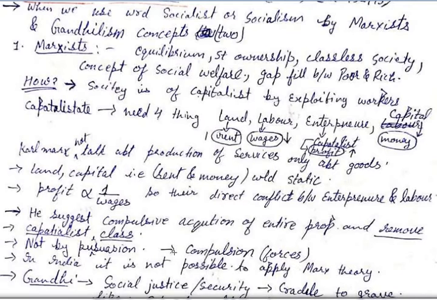It is force by making laws, by which the state takes away their properties. So this is what socialism is according to Karl Marx. And once you attain this, there is automatically social welfare, because the state will be using the entire resources and will automatically take care of the welfare of the people.